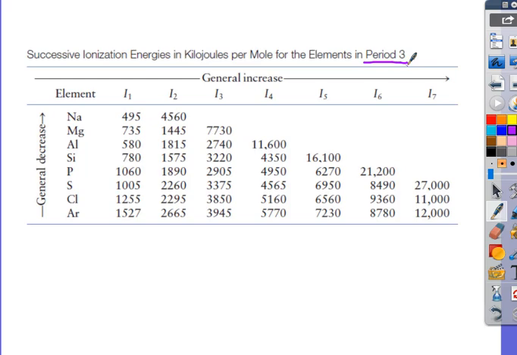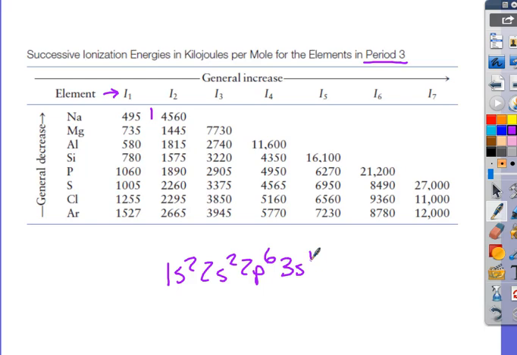So to do that, these are my ionization energies. It says first ionization energy, second ionization energy. Notice that I have a giant jump there. The reason I have that giant jump is what we were seeing a second ago. There's sodium's electron configuration.